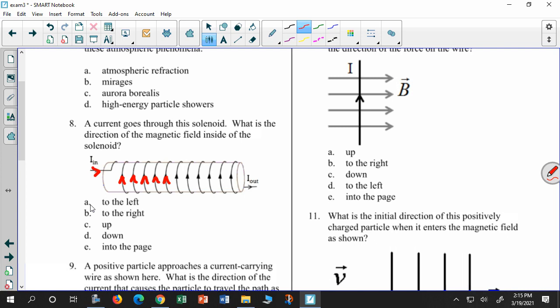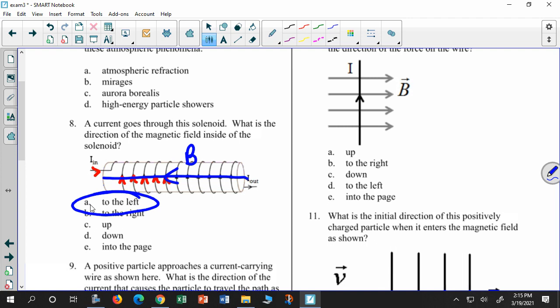So inside of the coil goes like that, and then outside of the coil it comes back to your right. But with a solenoid, I'm only concerned with the direction of the magnetic field inside the coil. And that's where all the stuff happens. So here, my magnetic field, was it to the left? Is that right? Yeah. So my magnetic field is going to be in that direction, to the left.